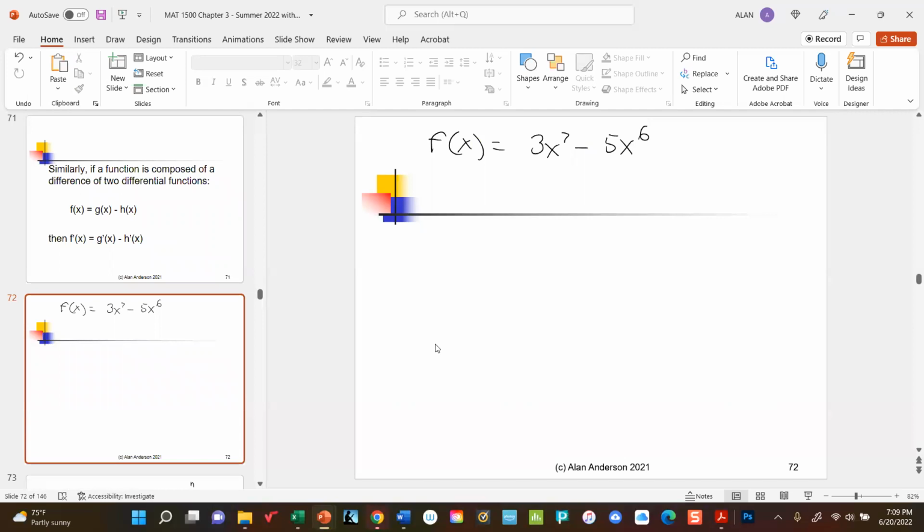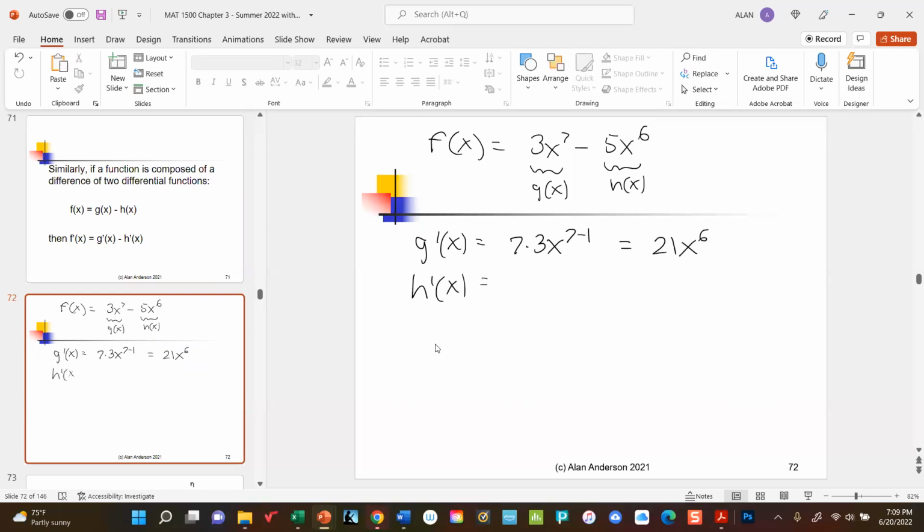Okay, so now we can think of these as individual functions, if we choose to do so. It's not absolutely necessary, but this illustrates the rule. And so g prime of x, based on the power rule, would be 7 times 3x to the 7 minus 1, or 21x to the 6th. h prime of x would be minus 6 times 5x to the 6 minus 1.